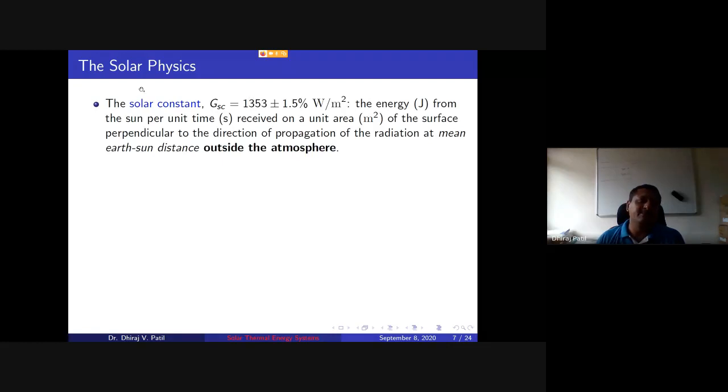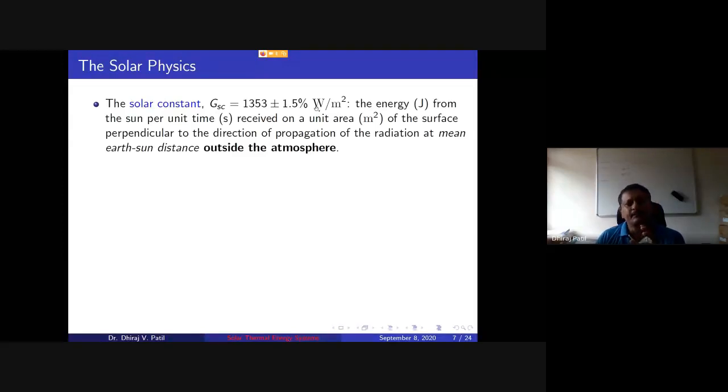Now this is important for our satellites, for example. When we launch a satellite, we know that there are lots of onboard power requirements, and this onboard power requirement is satisfied by using what are known as solar panels.